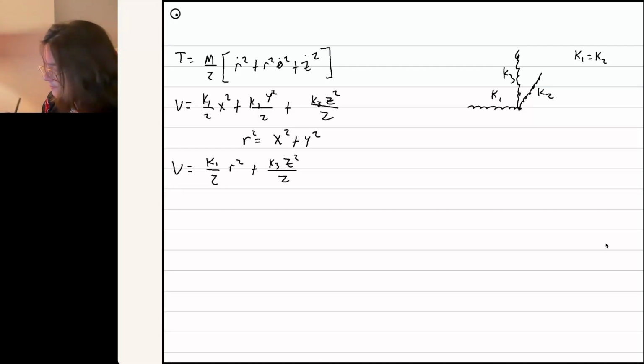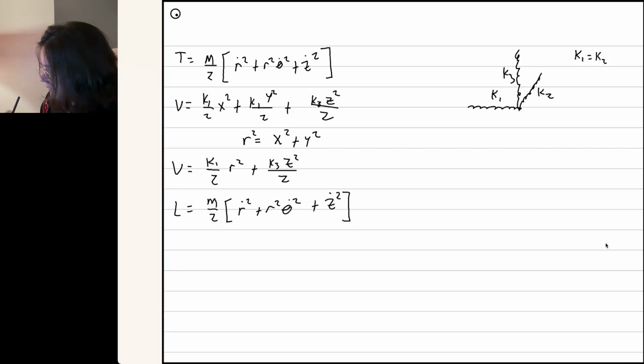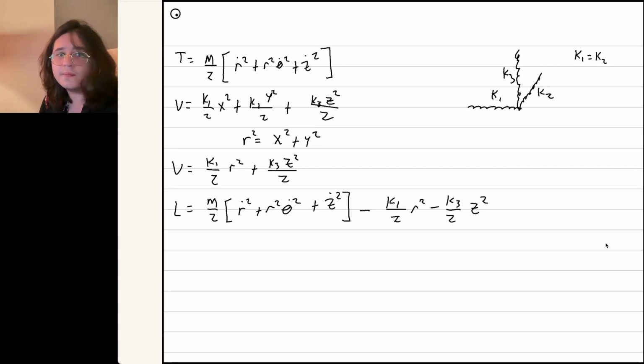All right, which means the Lagrangian, T minus V, looks like this: m over 2 times r dot squared plus r squared theta dot squared plus z dot squared, minus k1 over 2 r squared minus k3 over 2 z squared. We can get towards constructing our Hamiltonian by first finding the canonical momenta, as always. dL/d r dot is just m r dot.